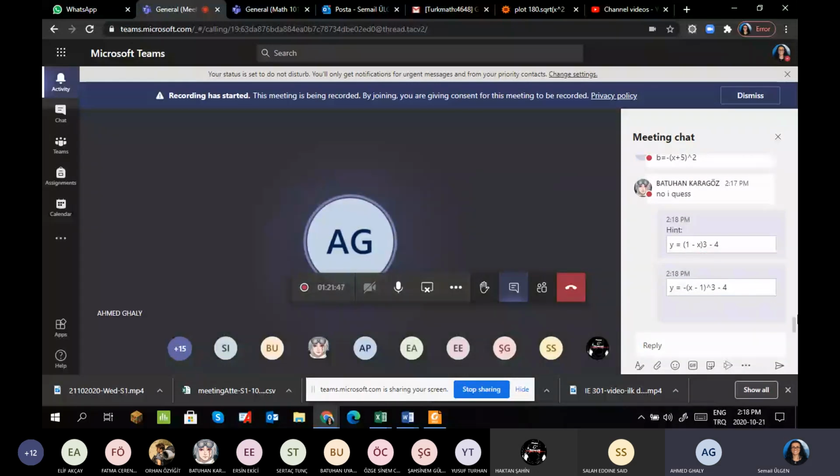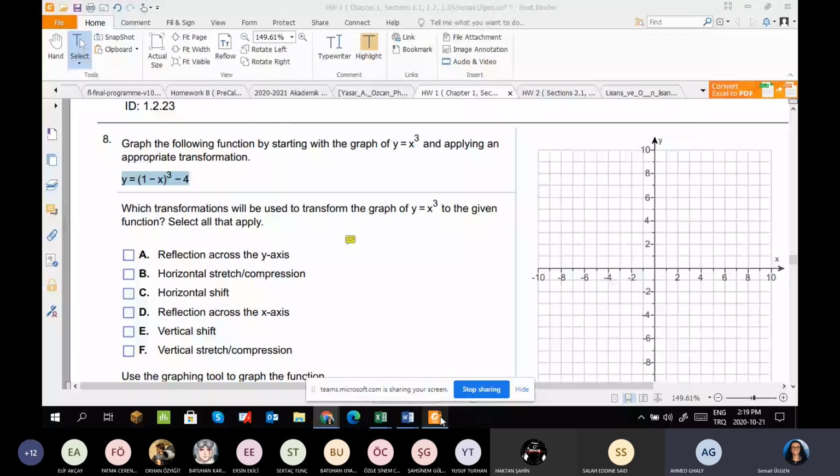Do you hear it now? This is the hint. So do you see that I take out the -1? And this is something that you can recognize much better. So by looking at this, what type of operations can you say? Like which one is right? Reflection across the y, horizontal stretch, which ones should be included?